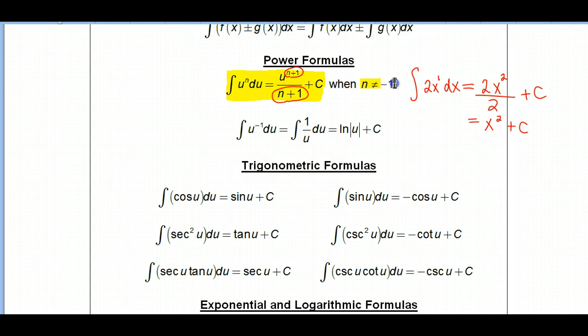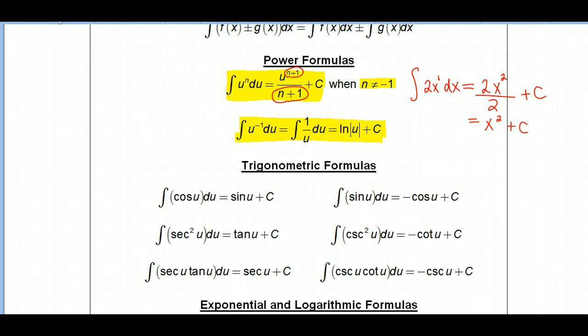Now, the only time this power rule does not work is if you get -1. What happens if you have a -1 power? You get 0 in the denominator. So that's our only exception to the rule, and that is right here. And that's the ln.